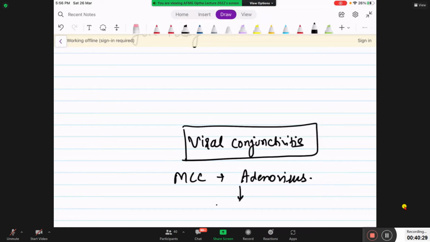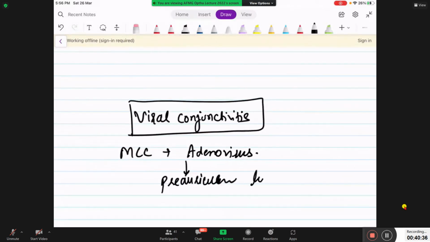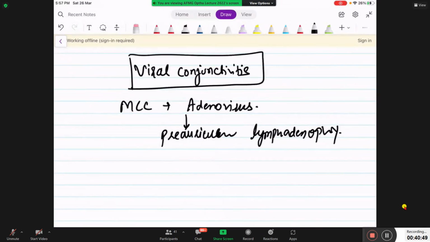It causes preauricular lymphadenopathy. Lymphadenopathy is associated with viral conjunctivitis. Clear? So if preauricular lymphadenopathy is there, it is associated with adenoviral conjunctivitis.